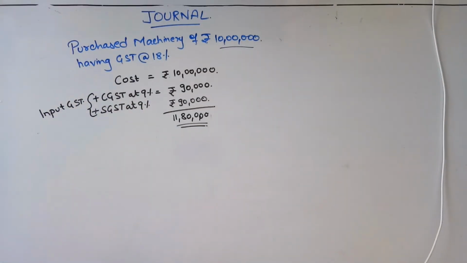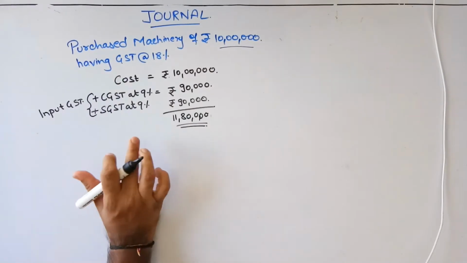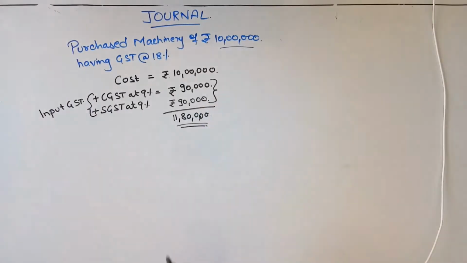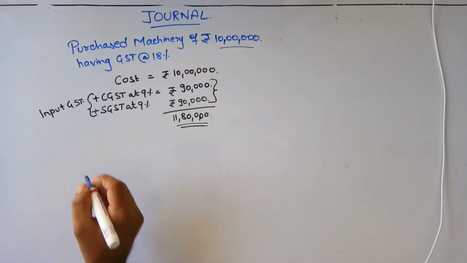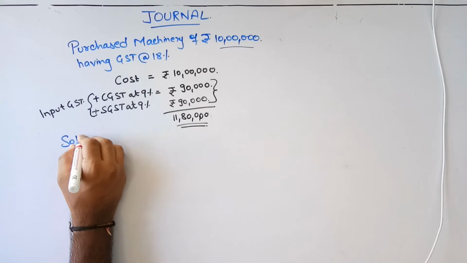If we have purchased, then the GST is an input for us. We have paid the GST and we have received an input credit for this. So this is known as input GST. How much is my input GST? 1,80,000.